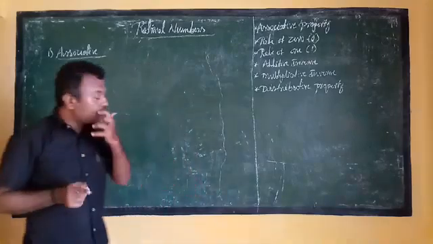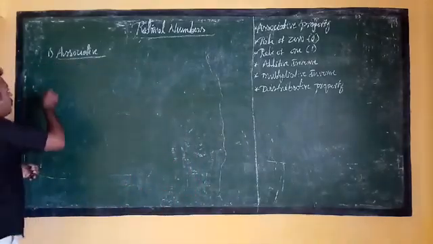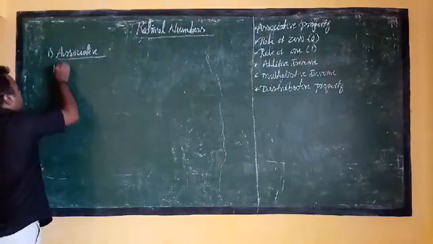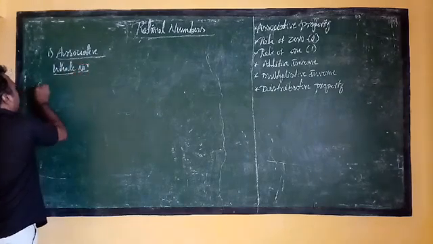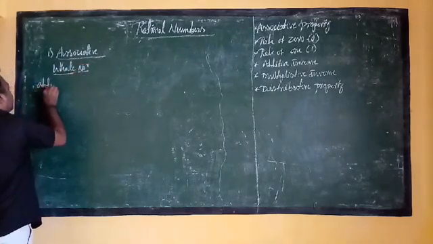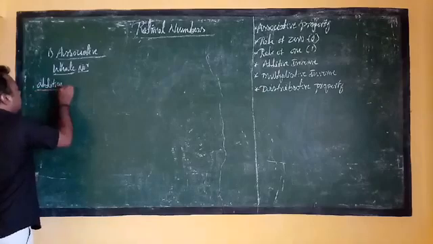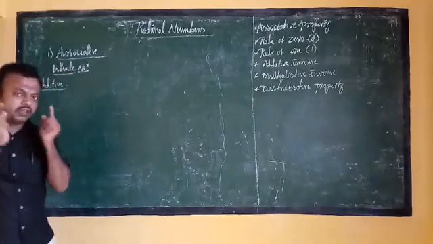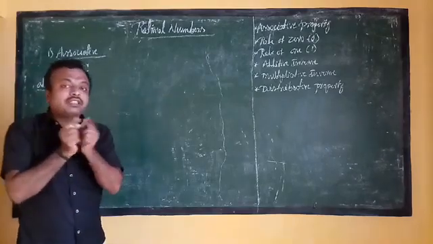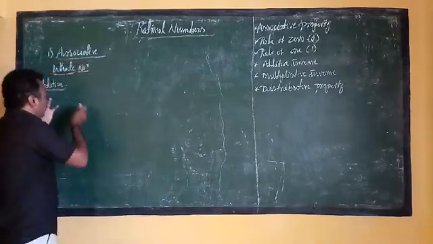Got it? Now for the associative property, first I will discuss whole numbers, starting with addition. Associative means association. Did you hear the word association? It means group.